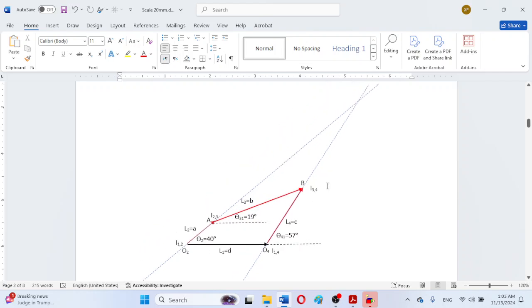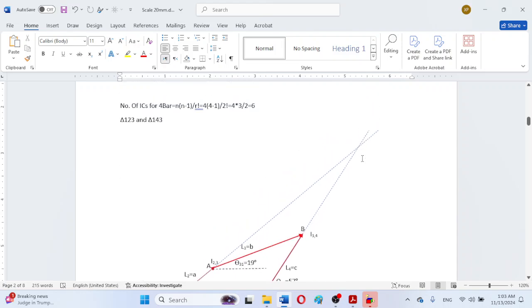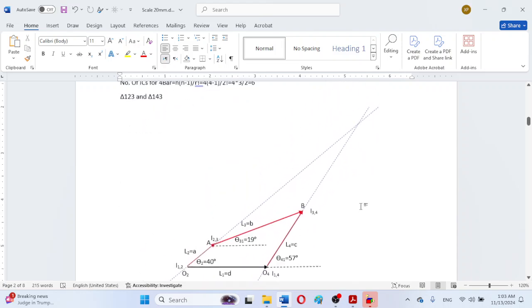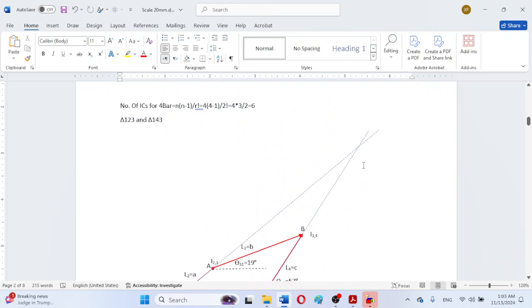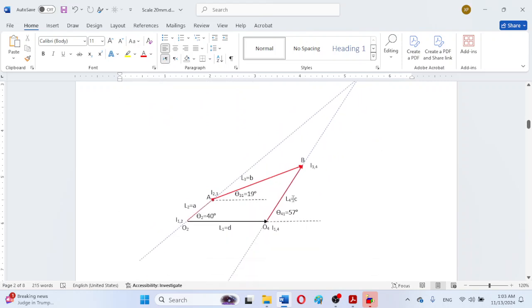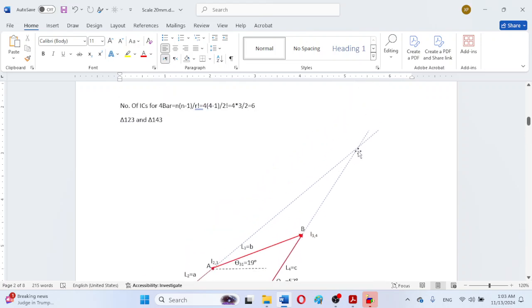In the orientation in which the intersection is actually located, that intersection will be the required instant center. As we can observe here, the lines have intersected here, so this is the required instant center.